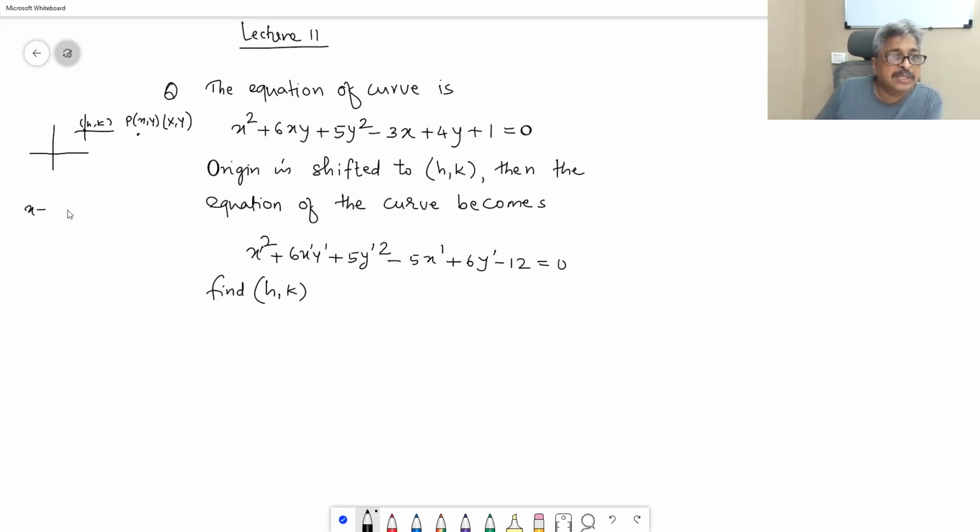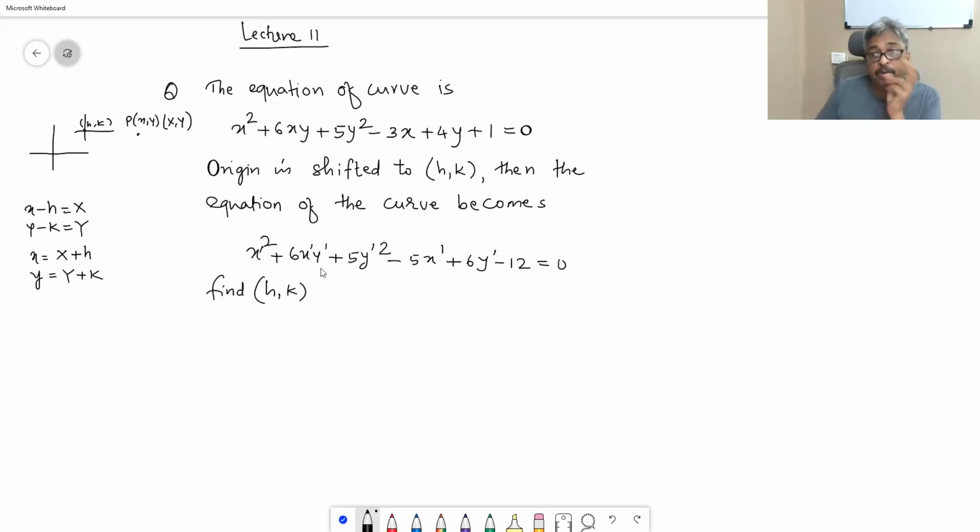X minus h is equal to capital X, y minus k is equal to capital Y. Therefore, x is equal to capital X plus h, y is equal to capital Y plus k. Now here instead of capital X and capital Y, x dash and y dash notation is used.